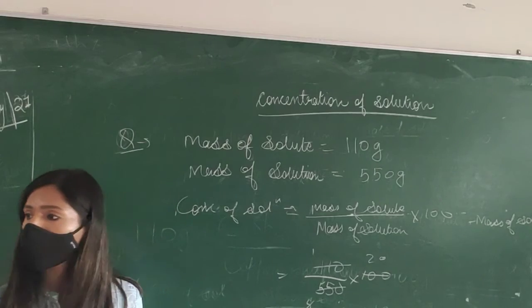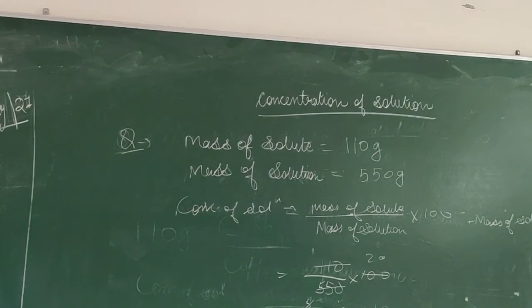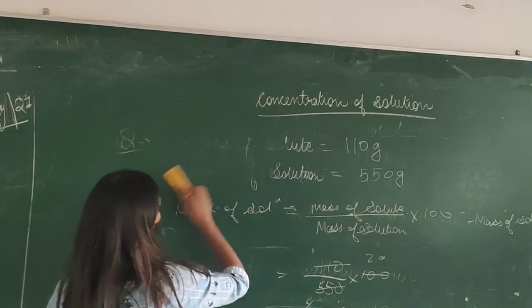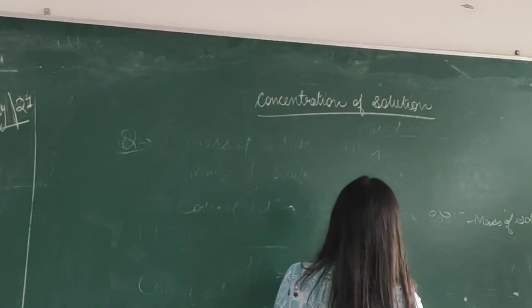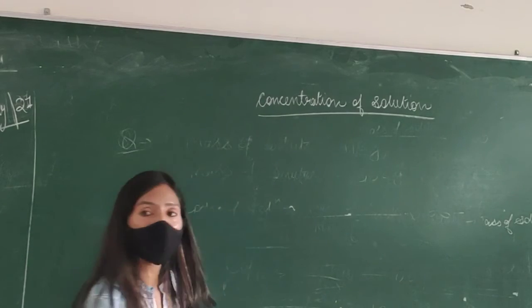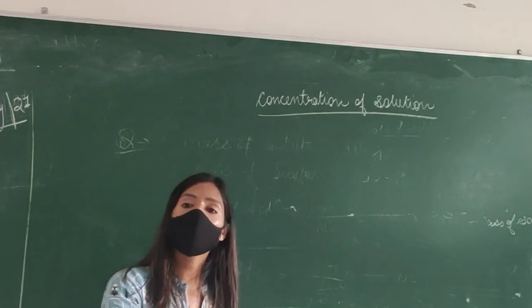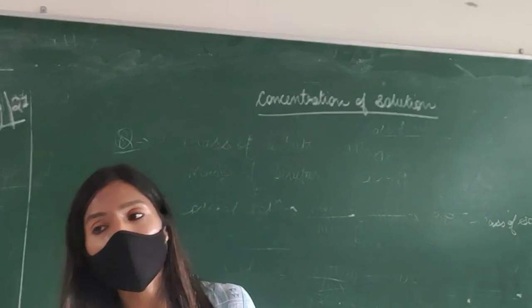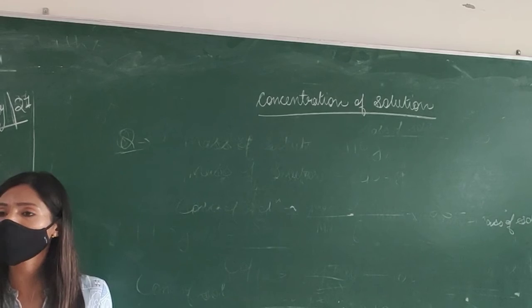Okay, clear everyone? Okay. There is one more formula. Please note it down quickly. Done? Okay. Here we have read about mass of solute, solvent and solution. Sometimes it will be a liquid mixed in a liquid mixture. For that there will be no mass, it will be volume.